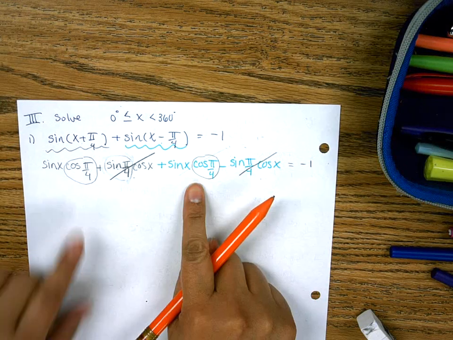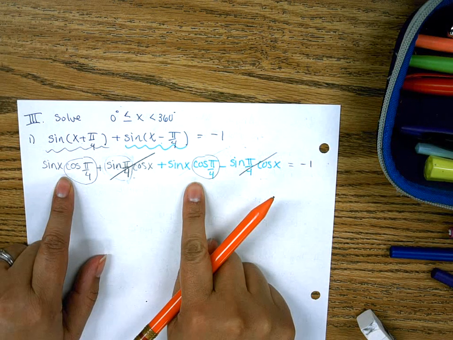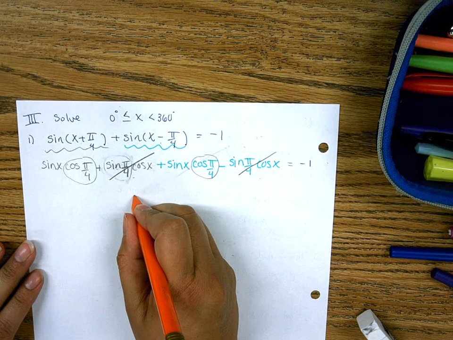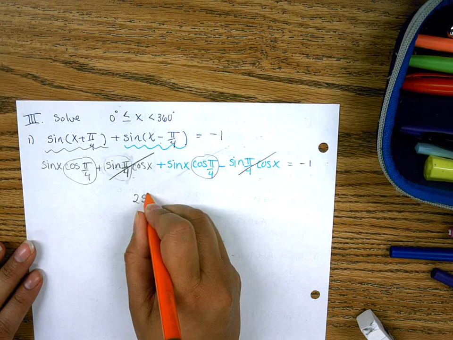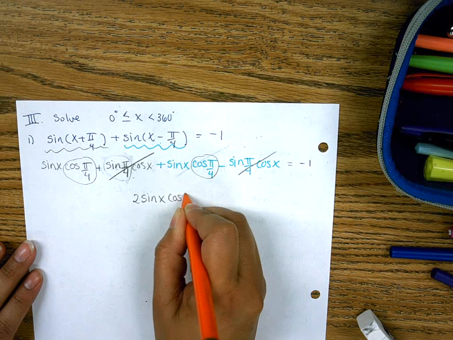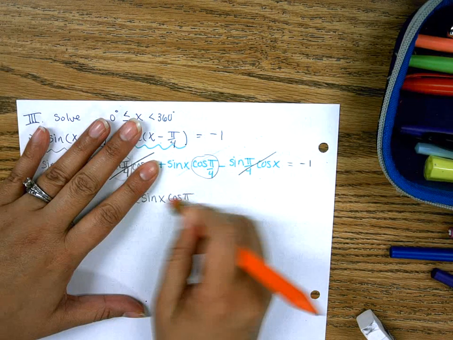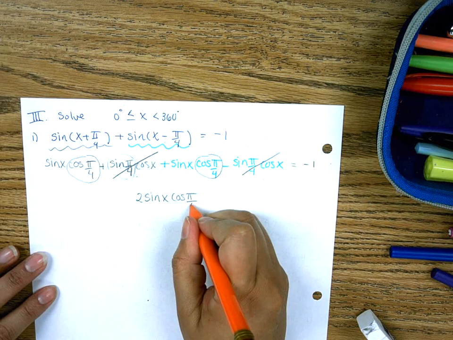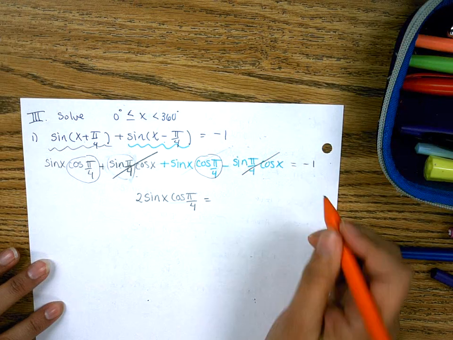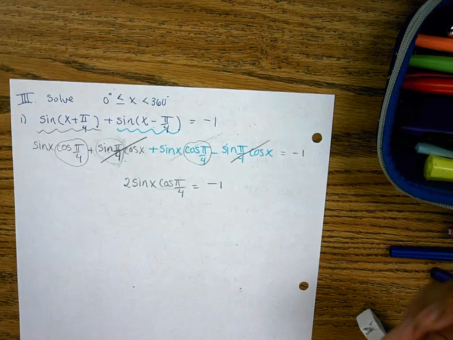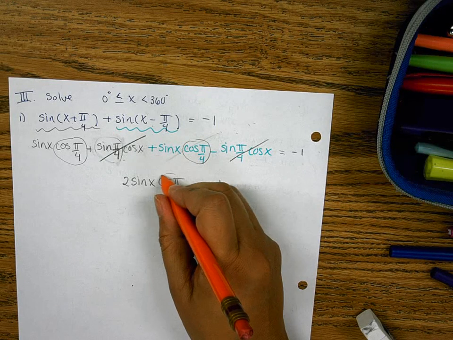Before I do, notice they're like terms. Sine of x, cosine of pi over 4, we add them together. It's 2 sine x cosine of pi over 4 equals -1. Okay, cosine of pi over 4 is something I can evaluate.